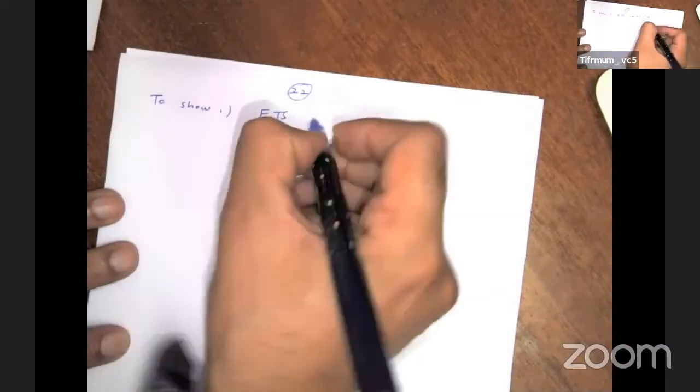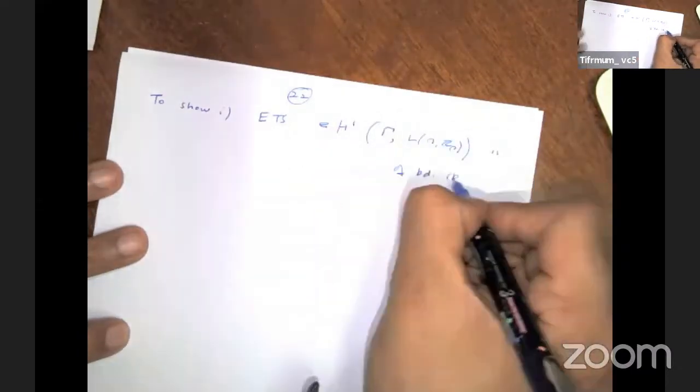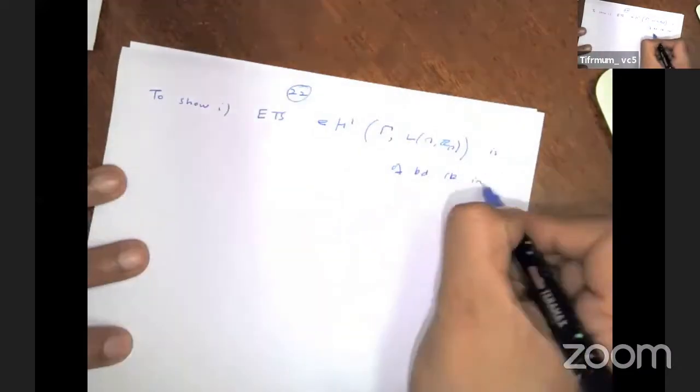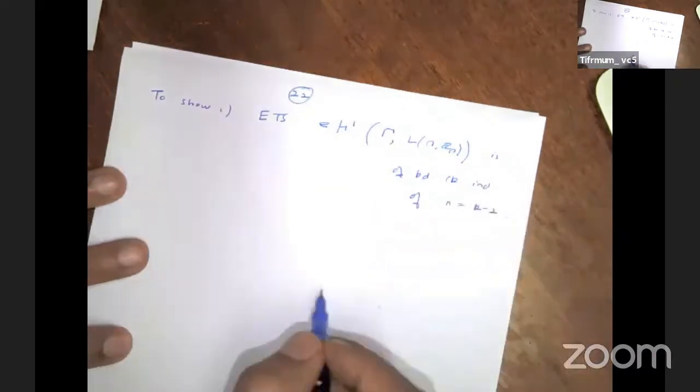To show this, it's enough to show that the ordinary part of H1 of gamma with coefficients in Ln(Zp) is of bounded rank independent of n. Independent of n, okay, n is K minus 2, so it doesn't matter which one. Rank independent of n equals K minus 2, is the ordinary part of the cohomology. Okay?